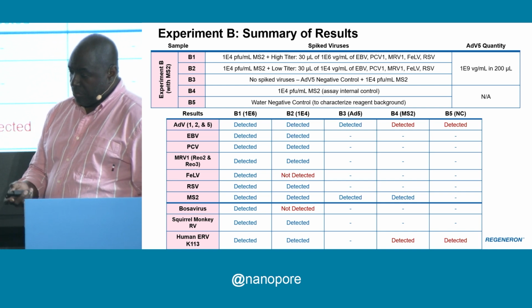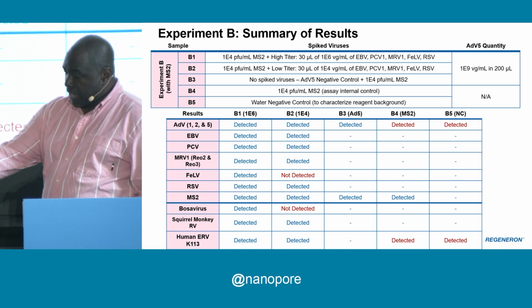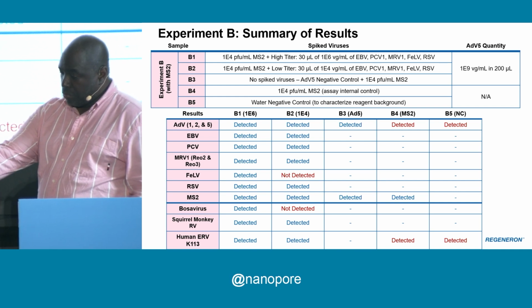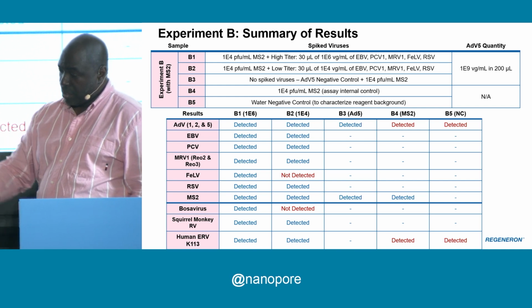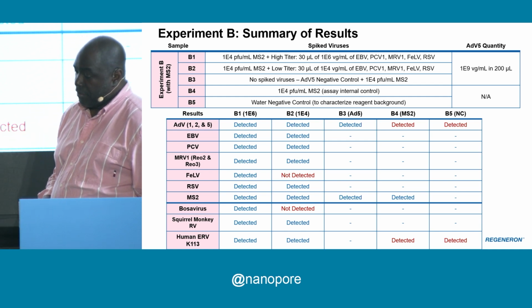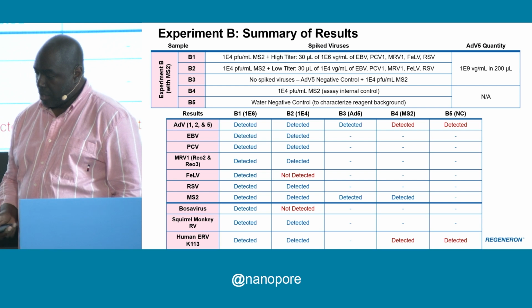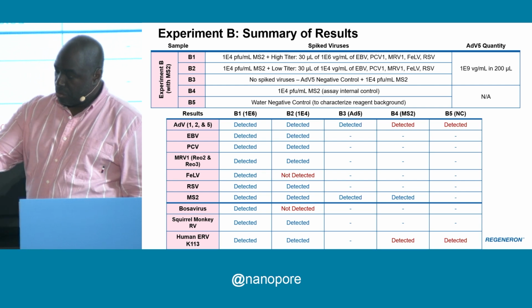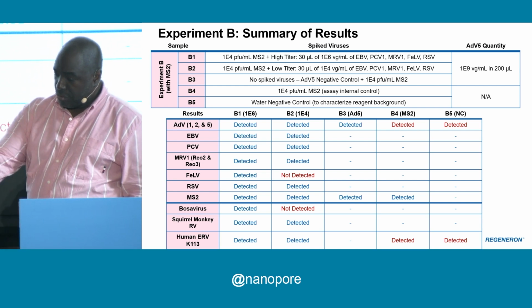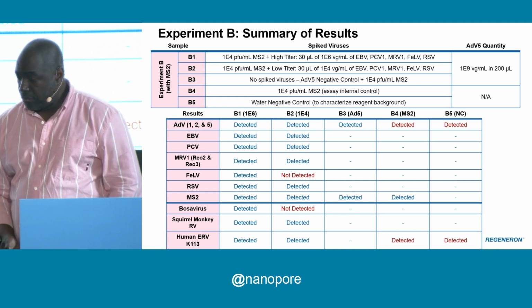And here we have been able to detect our MS2, and same thing here, we lost FLV again at 1E4, but this time we have been able to detect PCV. So PCV must be at that borderline there at 1E4. And also confirm the detection of the other contaminants like Bosa virus and squirrel monkey and human ERV.